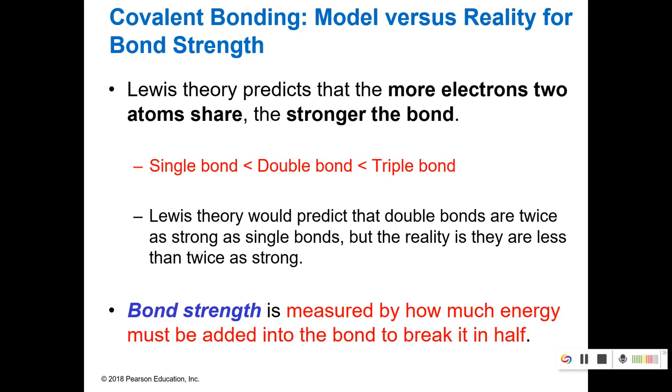I do want you to know for bond strength, single bond is the weakest. Triple bond is the strongest. Okay, bond strength, that's how much energy must be added to the bond to break it.